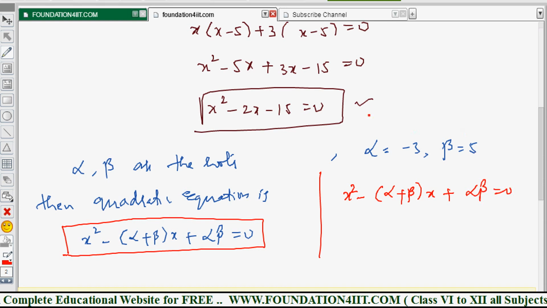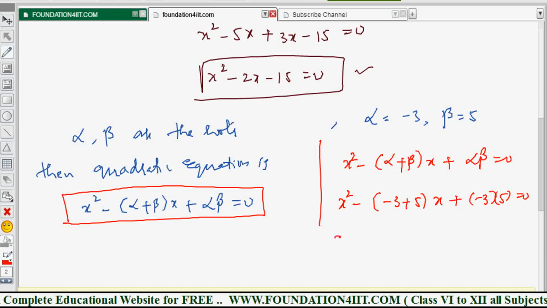Just substitute these values and you get the same x square minus 2x minus 15 is equal to 0. x square minus (alpha plus beta, that is minus 3 plus 5) into x plus alpha into beta, that is minus 3 into 5, is equal to 0. Simplify this: x square minus (3 plus 5 is 2) 2x, minus 3 into plus 5 is minus 15, is equal to 0.